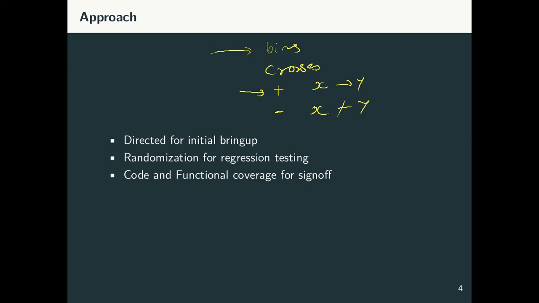So we will see whether each of these assertions has occurred or not, that is, whether the trigger for each of these assertions has taken place. If all the assertions were triggered and the assertions did not fail, then we would say that we have also met our functional coverage goal.